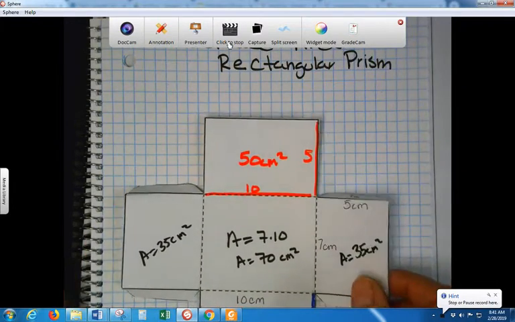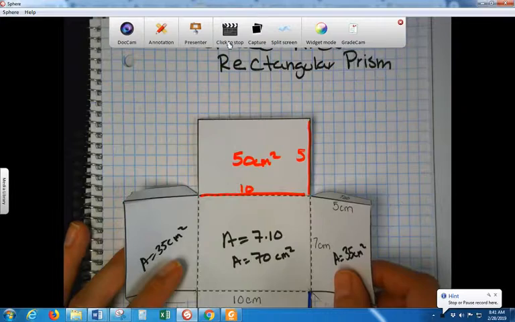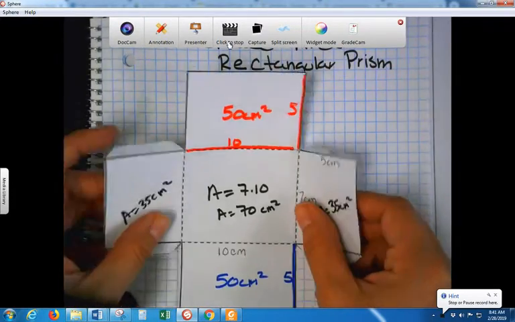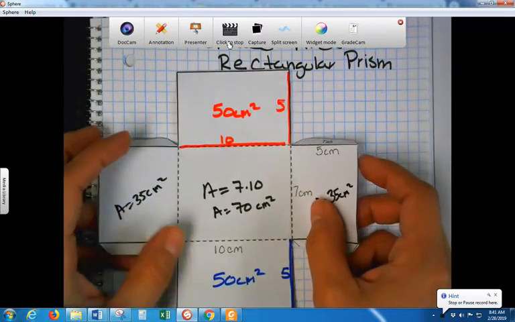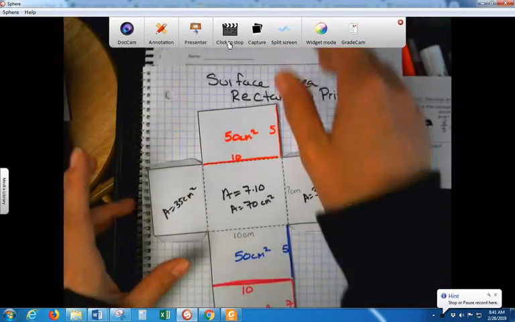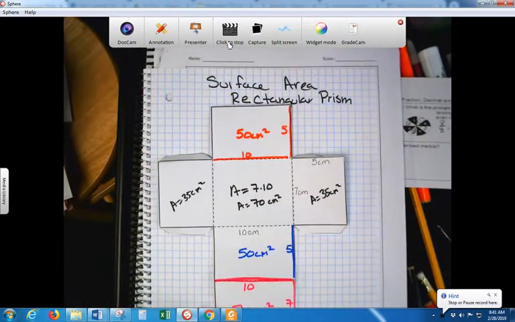Now, I'm trying to decide which way you should glue. No, we're gonna glue this in your notebook, it'll last longer.